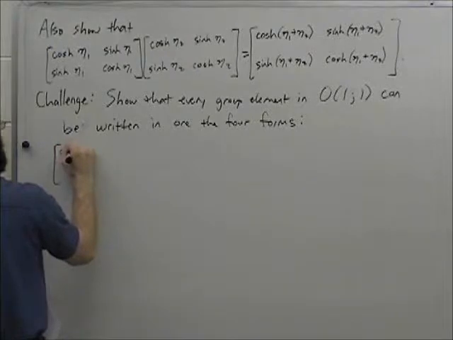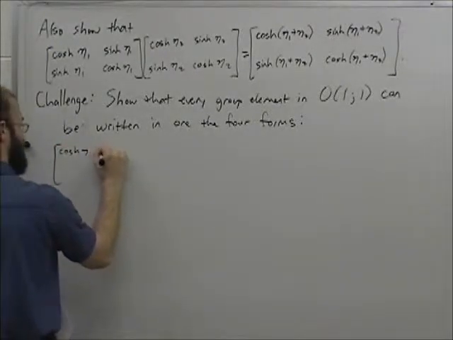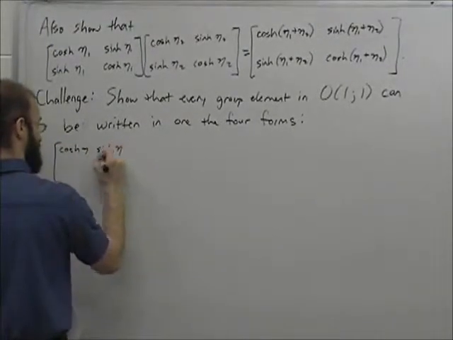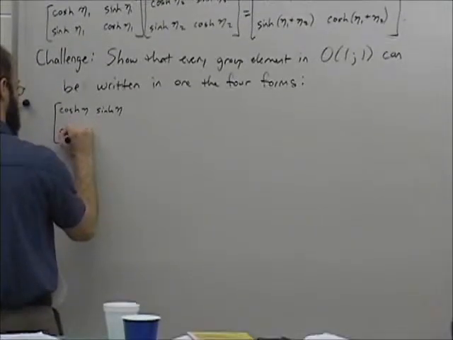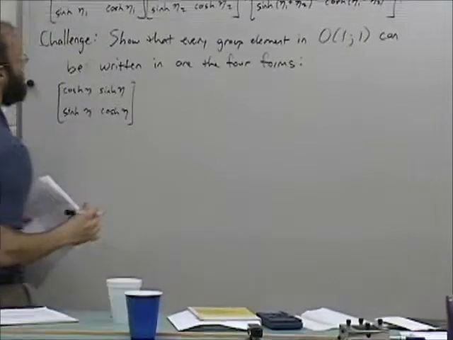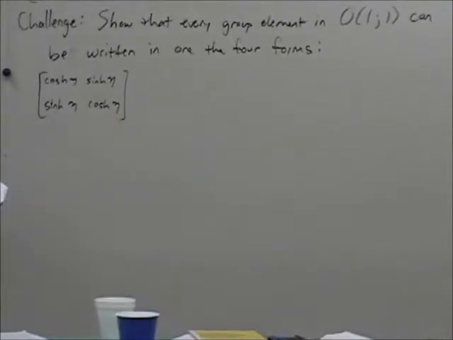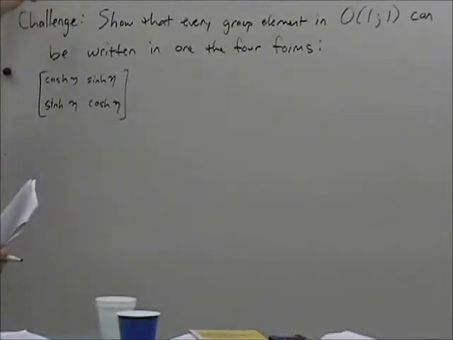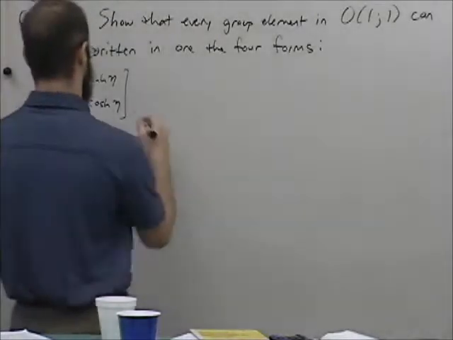Well, we know that this is going to be in here. If one of these matrices is not symmetric, let me know. They should all be symmetric, with sinhs on one diagonal and coshes on the other diagonal. I might screw that up.